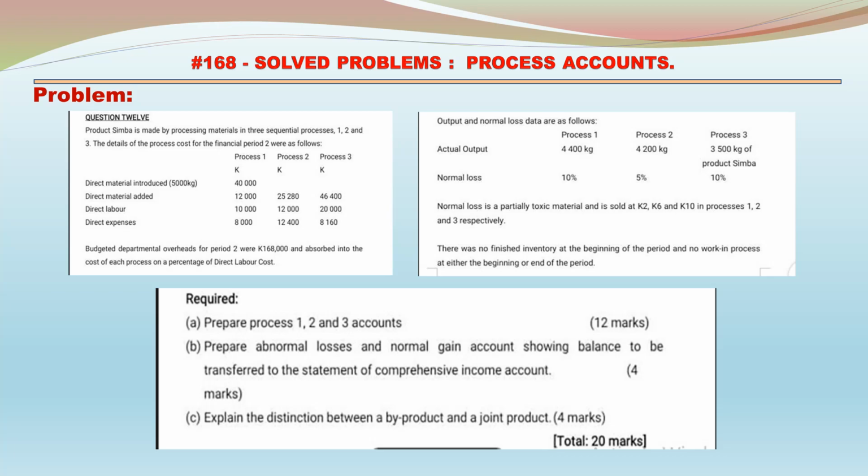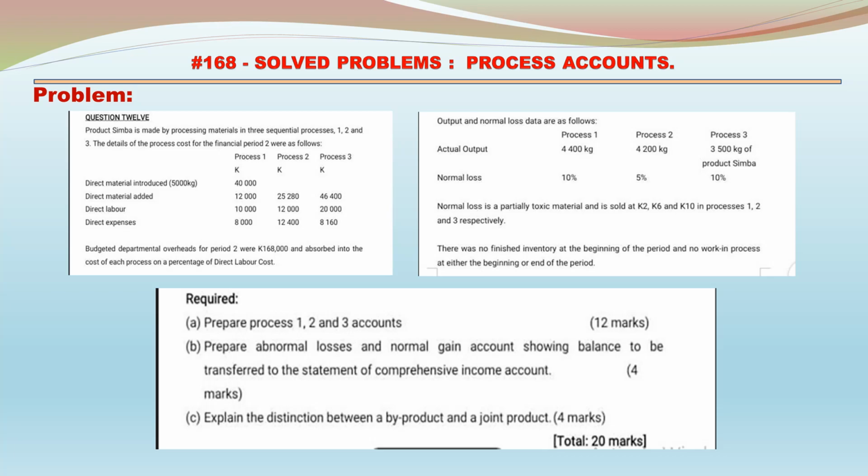Budgeted departmental overheads for period 2 were 168,000 and absorbed into the cost of each process on a percentage of direct labor cost. Output and normal loss data are as follows. Process 1, Process 2 and Process 3. Actual output, Process 1 4400 kg, Process 2 4200 kg, Process 3 3500 kg of product Simba.